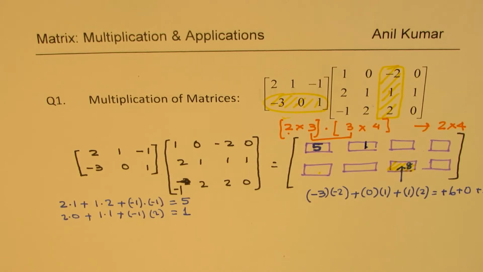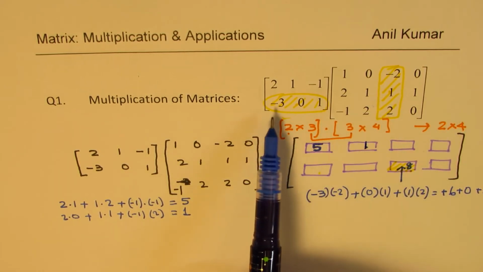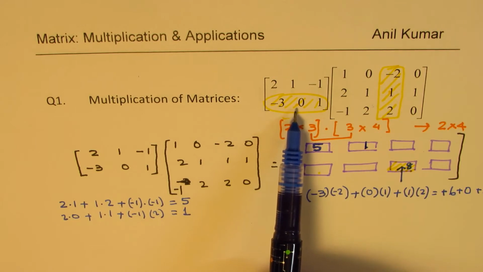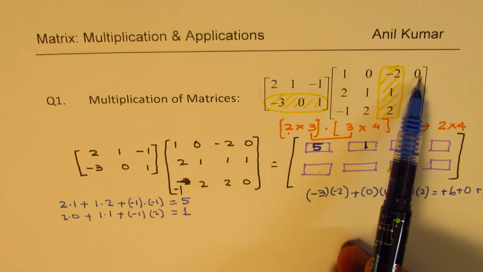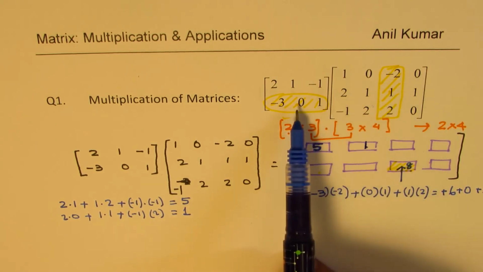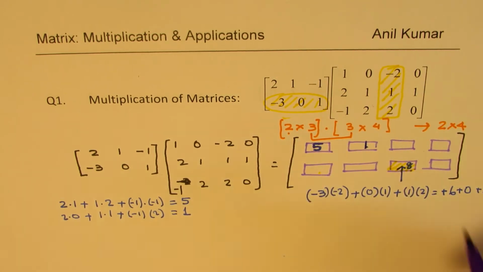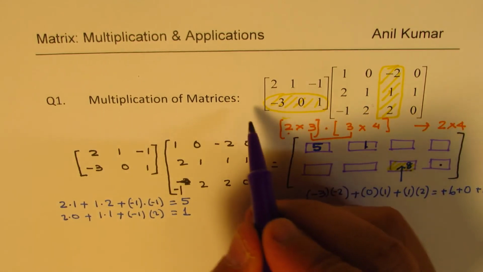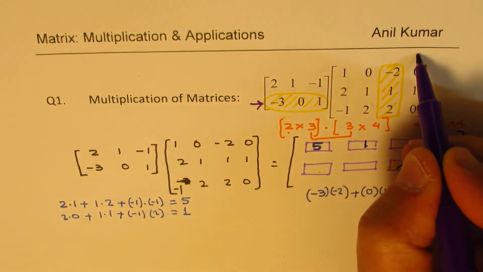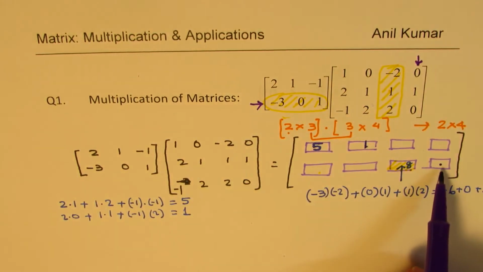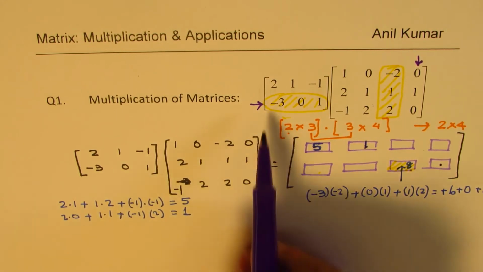Correct? Now, if I multiply the second row with the last column, then I will get number where? 2, 4. Do you see that? So that number will go into this position. So if I multiply this with that, then I should get a number there, right? So what number should be there? Let's do it.